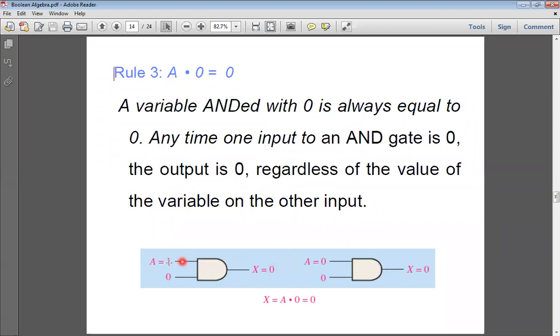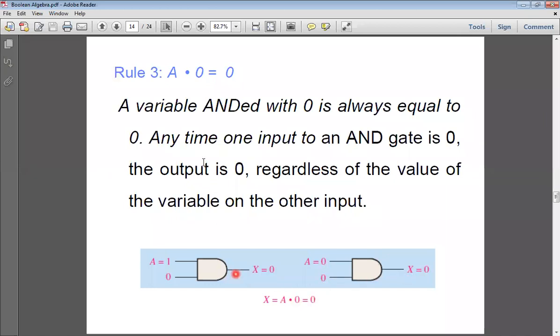Let's say A equal to 1. 1 AND with 0 is 0. So the output of the AND gate when one input is 1 and the other input is 0 is 0. What is the output of the AND gate when A equal to 0? This was A equal to 1, this is A equal to 0, the second possibility. 0 and 0 is 0.